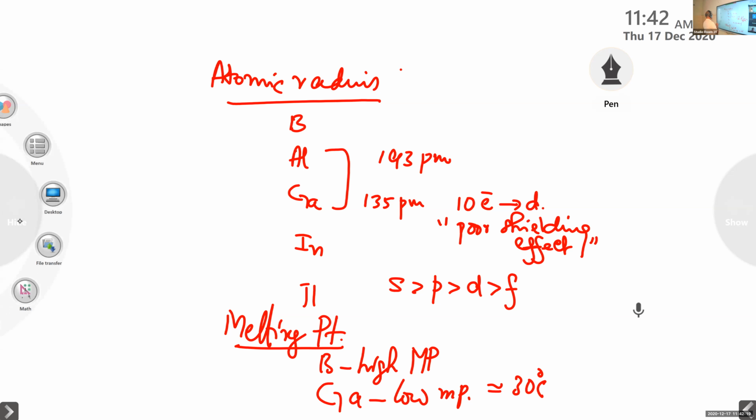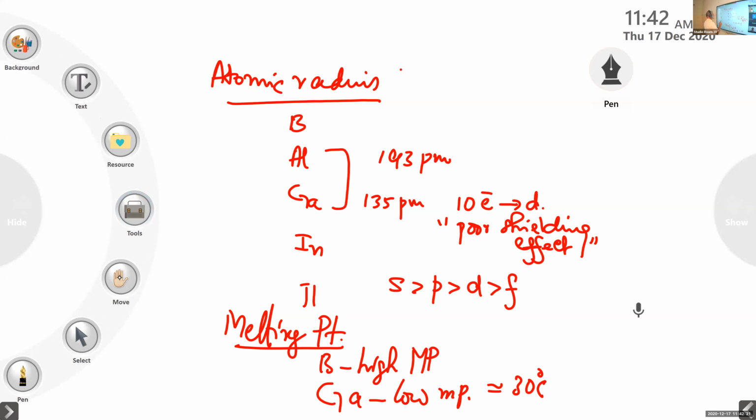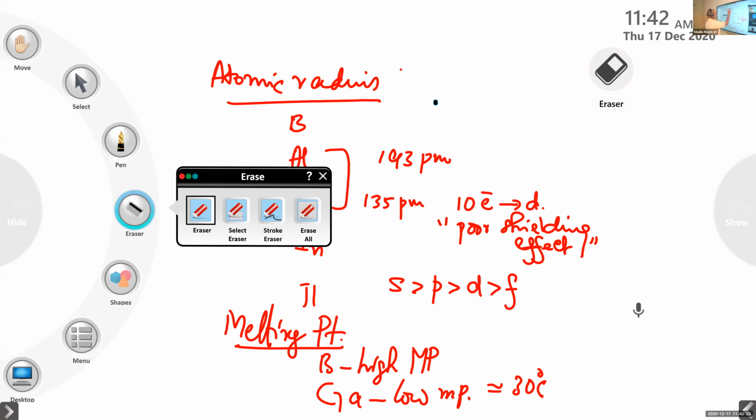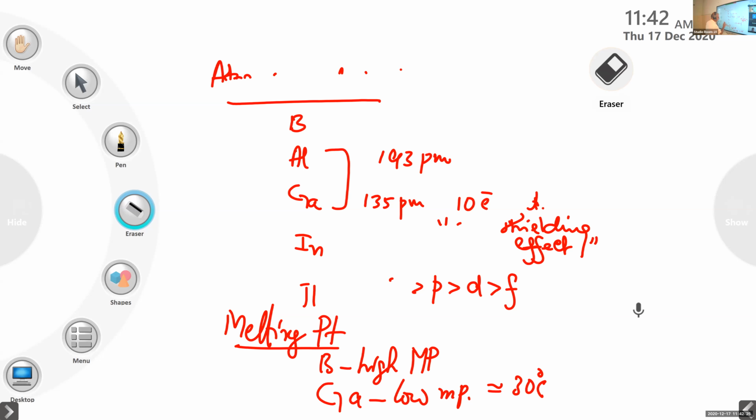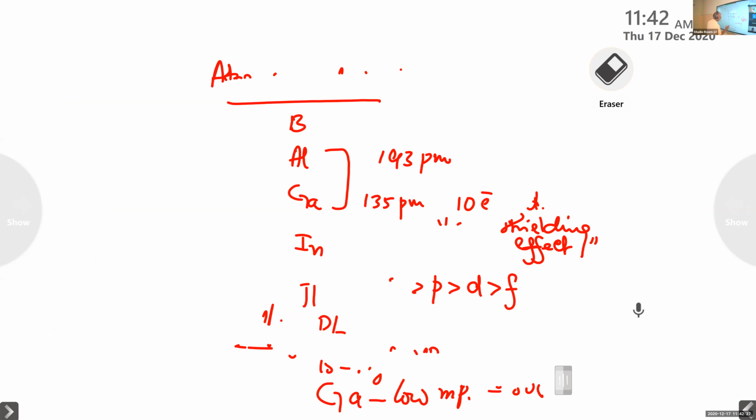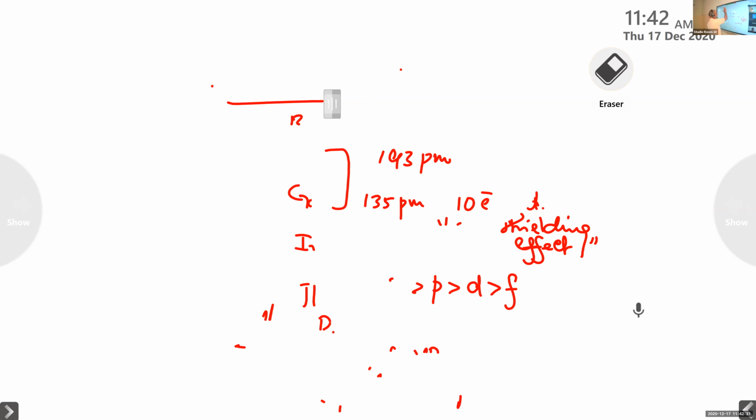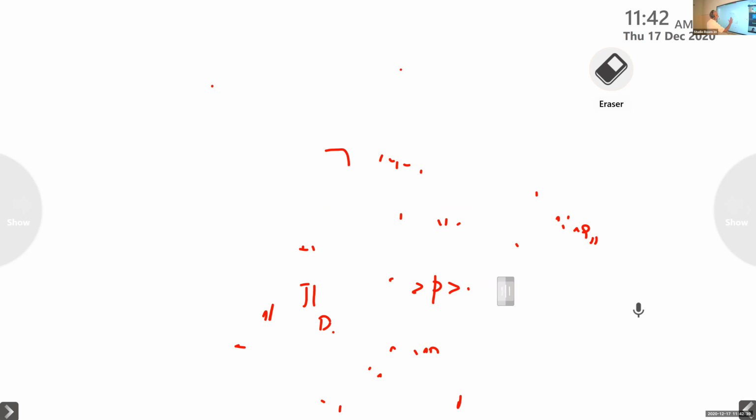You remember gallium and boron. Boron has very high melting point, because boron exists as a giant molecule, large molecule, with a very strong attraction between the atoms.